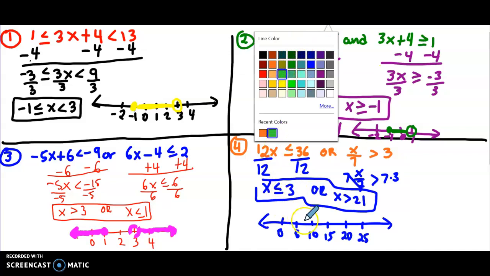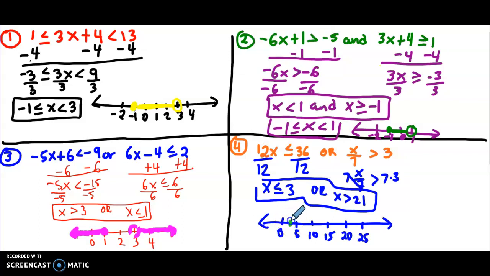This is telling me at 3, which should be right here, closed, and go left. This is telling me at 21, which is right here, open, and go right. Again, this is how, generally speaking, an OR problem should be looking like. The shading is happening outside of the circles, outside.